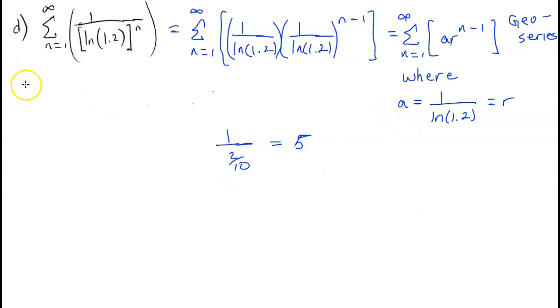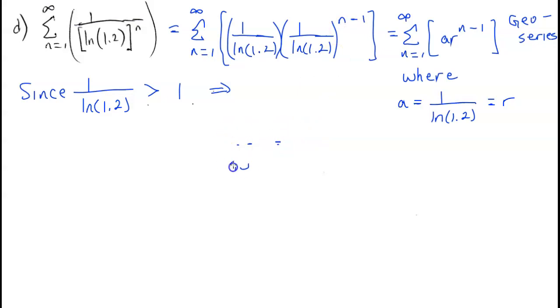So my point here is that since this particular value here is going to be greater than 1, this implies that our geometric series is going to be a divergent one. Okay?